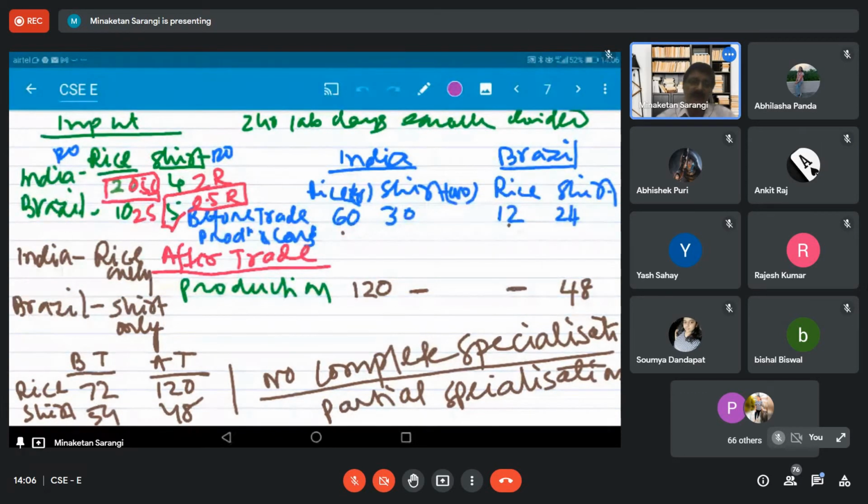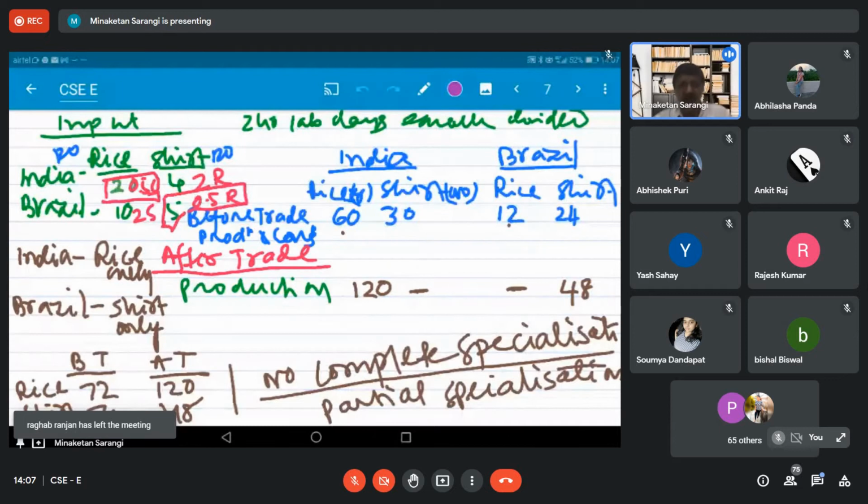India requires 4 labor days to produce 1 unit of sack, and Brazil requires 5 labor days to produce 1 unit of sack. So from the input matrix, it is observed India takes less labor to produce 1 kg of rice as well as 1 sack. So India enjoys absolute advantage over the production of both the commodities, rice and sack.